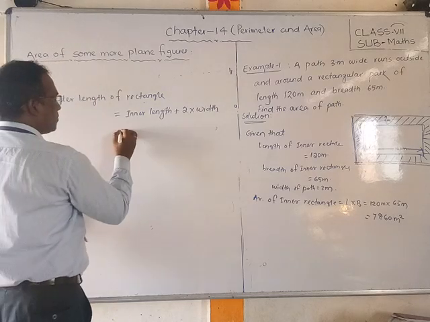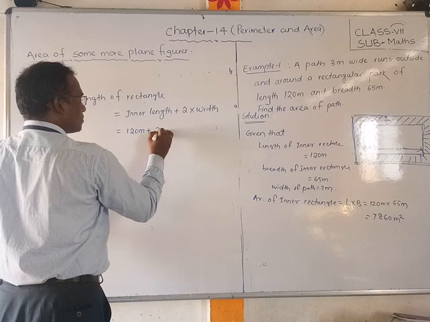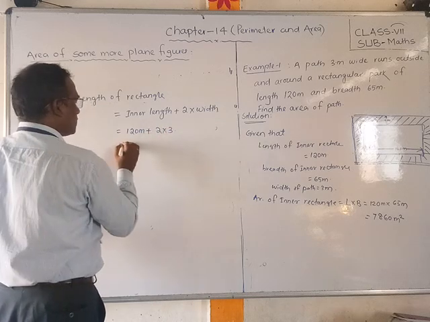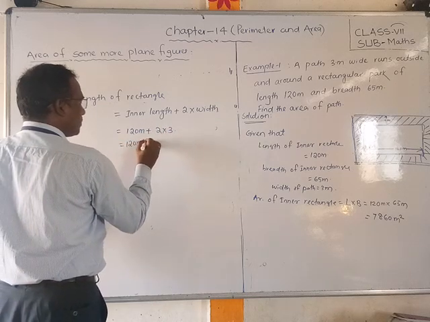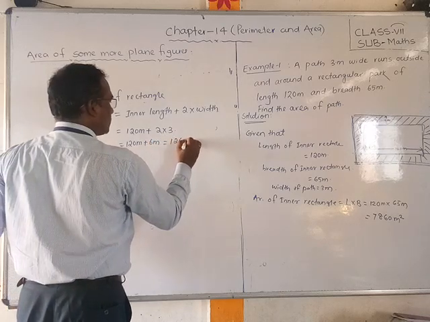Inner length how much, friends? 120 meter plus 2 into 3 meter is equal to 120 meter plus 6 meter is equal to 126 meter.